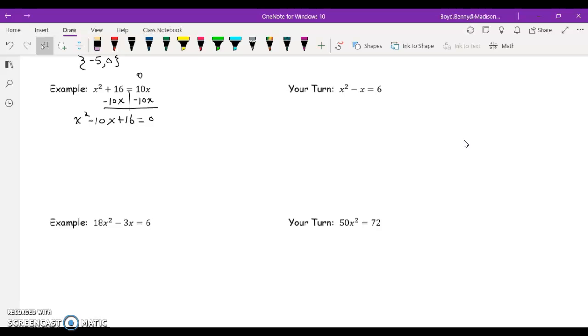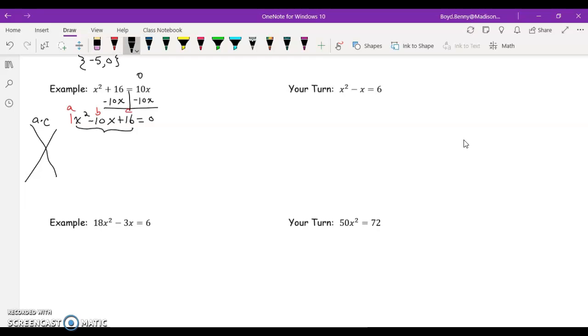Okay, so now we need to look at factoring this left side. Let's go ahead and draw our x real quick. I see that a times c, remember a is the coefficient in front of the x squared, b is the coefficient on the x term, and c is the constant.